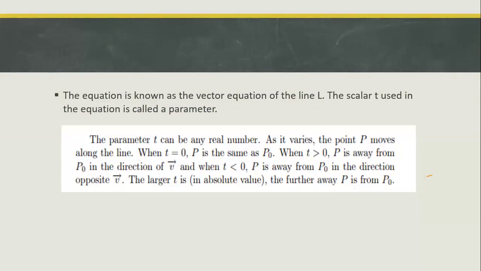And when t is more than 0, P is away from P0 in the direction of vector V. And when t is less than 0, P is away from P0 in the direction opposite V. The larger t is in absolute value, the farther away P is from P0. Now this here, we will demonstrate more in the example.